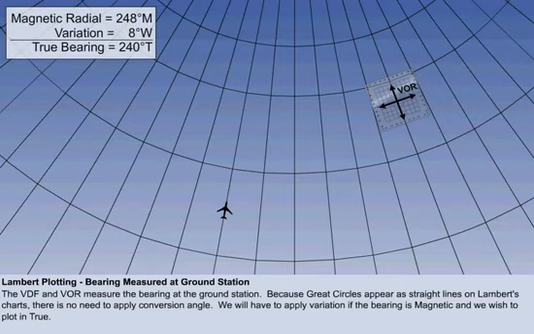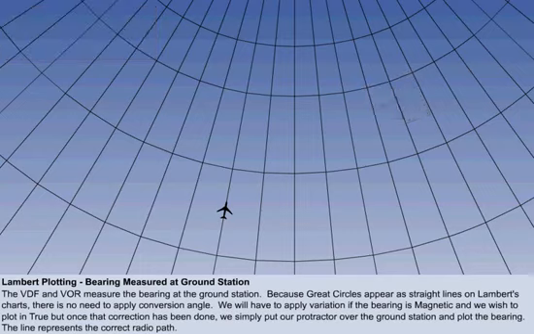When the bearing is measured at the ground station, there is no problem. We will have to apply variation if the bearing is magnetic and we wish to plot in true. But once that correction has been done, we simply put our protractor over the ground station and plot the bearing. The line represents the correct radio path.